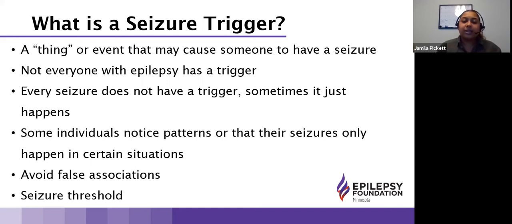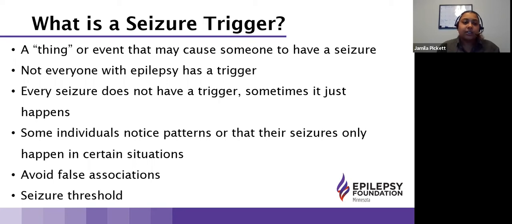Not everybody with epilepsy has a seizure trigger, and every seizure does not have a trigger. Sometimes it just happens. So even though you know that you have a seizure trigger, that doesn't mean that every single time you have a seizure, it's associated with a trigger. It can just happen randomly a lot of times.